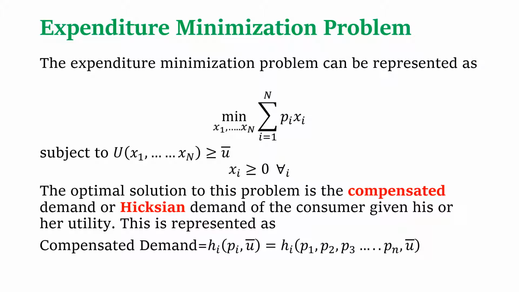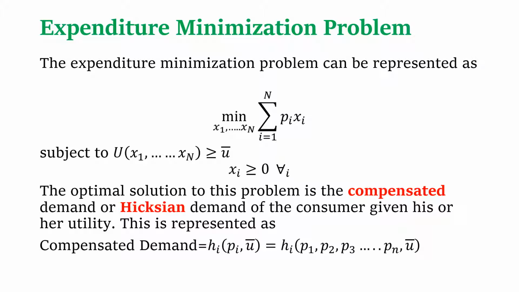Remember, in the utility maximization problem, we said the tangency condition, or the equilibrium of the consumer, is reached at a point where the indifference curve is tangential to the budget line.